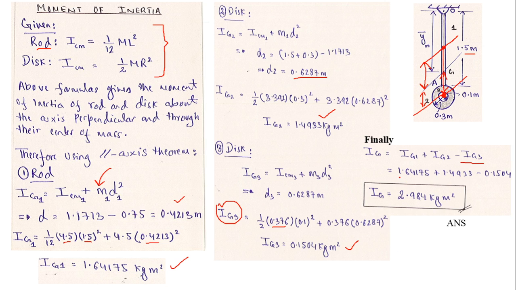Okay. So it is 1.64175 plus 1.4933 minus 0.1504. This gives you 2.984 kilogram meter square. So this is the moment of inertia of this composite volume about its own center of gravity G. 2.984.